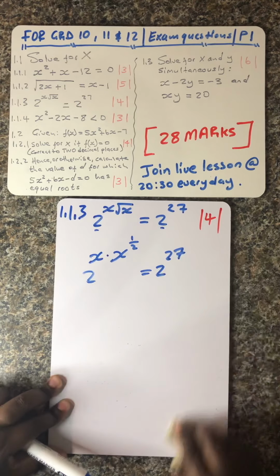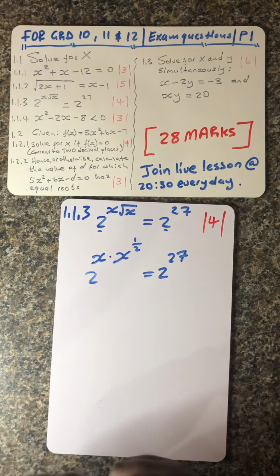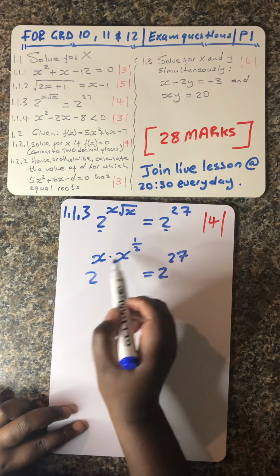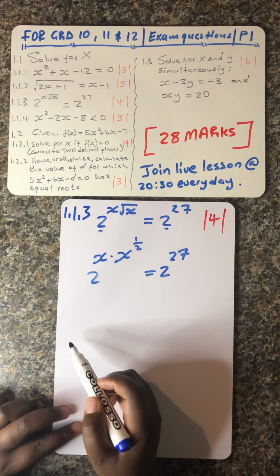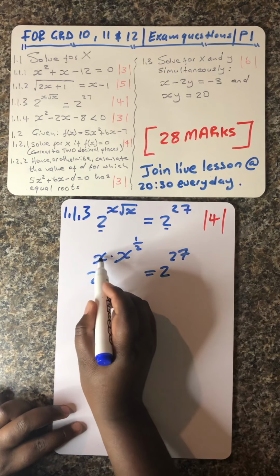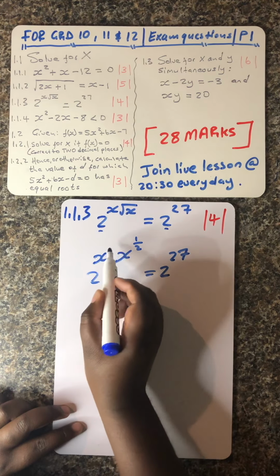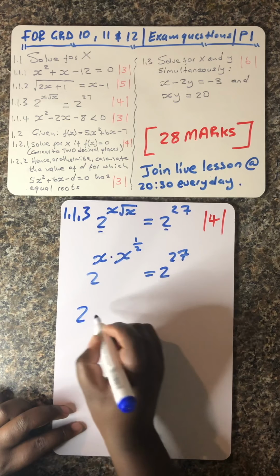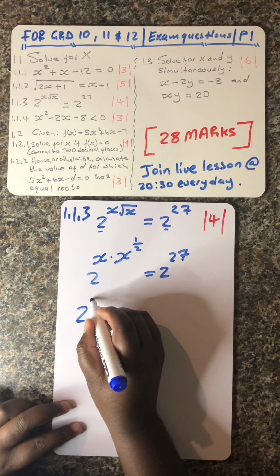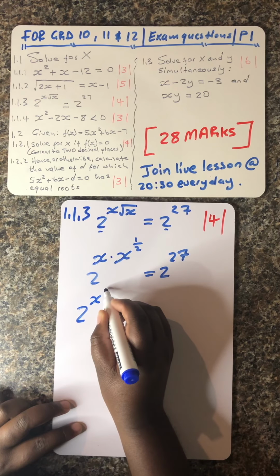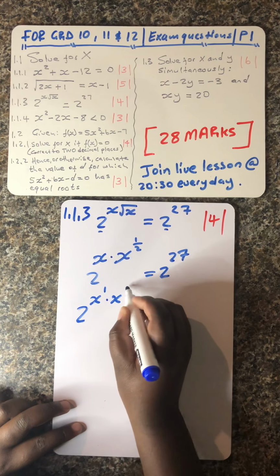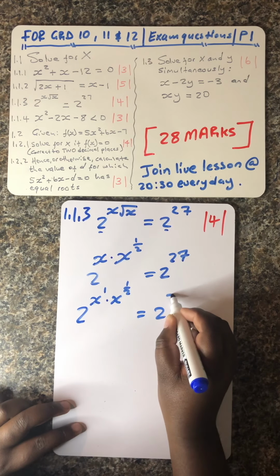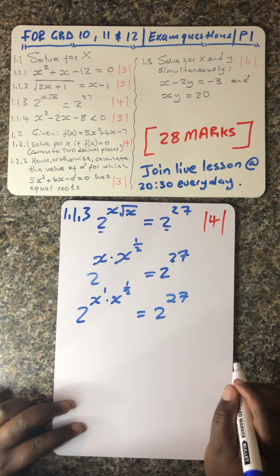Okay, so now guys, I'm glad we had this question. From time to time I'm going to refer to the basic rules that I've done today. Because we are multiplying the same bases, and remember there it's 1 even though it's not written, this is more like 2 to the power 1 multiplied by x to the power half, which is equated to 2 to the exponent 27.